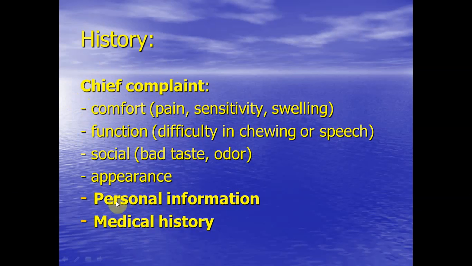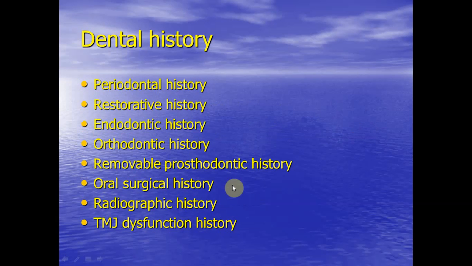Then we have personal information and medical history, and we also have dental history. Let me remind you that medical history is called anamnesis vitae in Latin, and dental history is called anamnesis morbi.